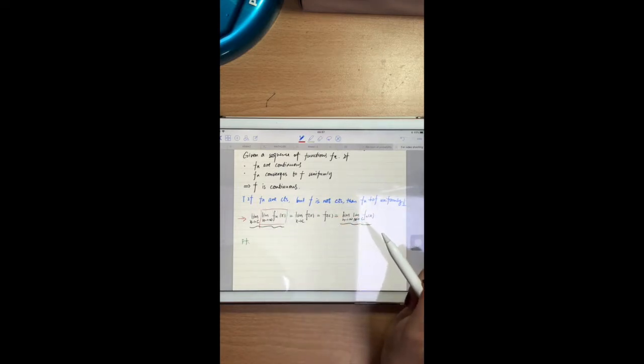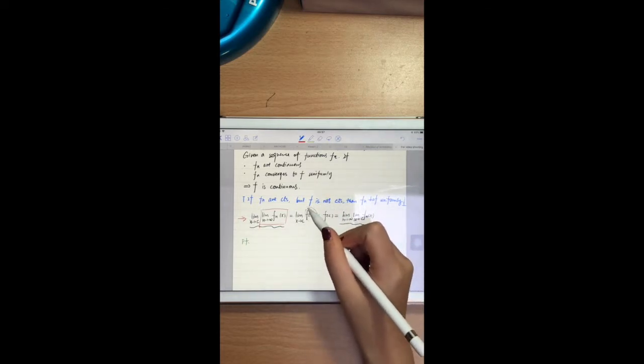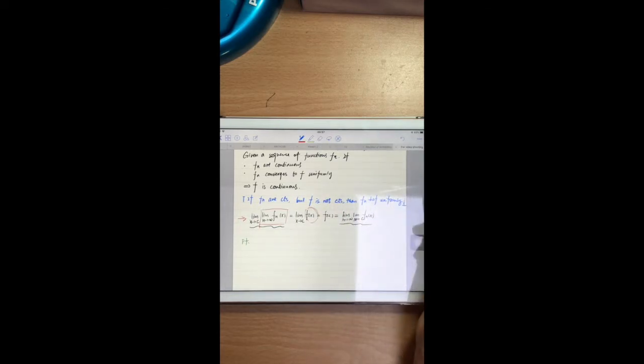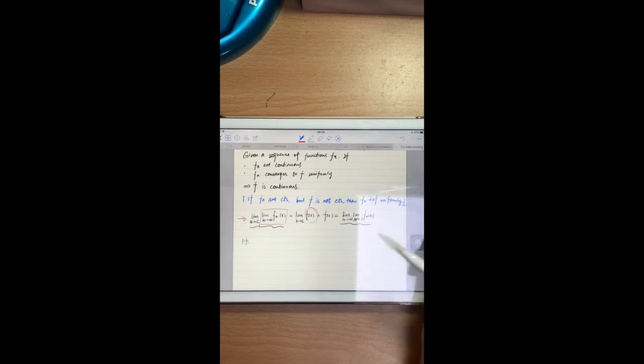So first of all, inside the double limit, the limit of the sequence is f(x). Then you take the limit when x is approaching some point c, and you get f(c).